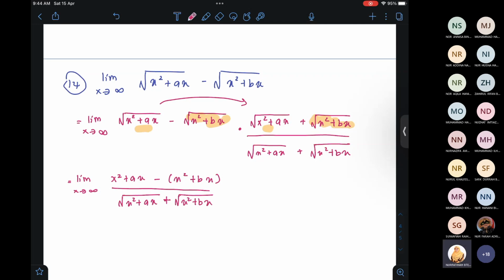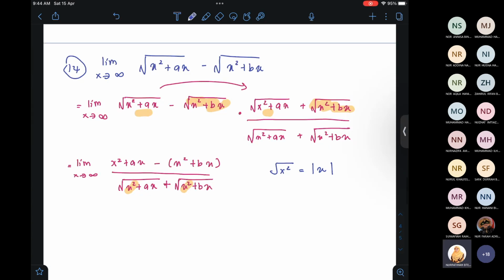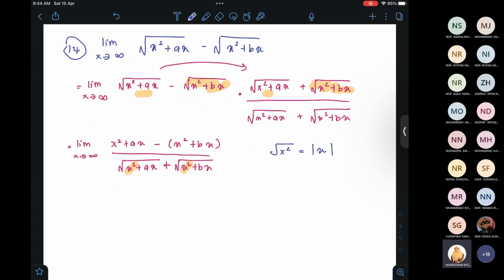Alright. So the next step, we are going to identify the highest degree in our radical. The highest degree in our radical is x squared. By using the definition of modulus, the square root of x squared is equal to modulus x. So let's divide the upper part and the bottom part by modulus x.